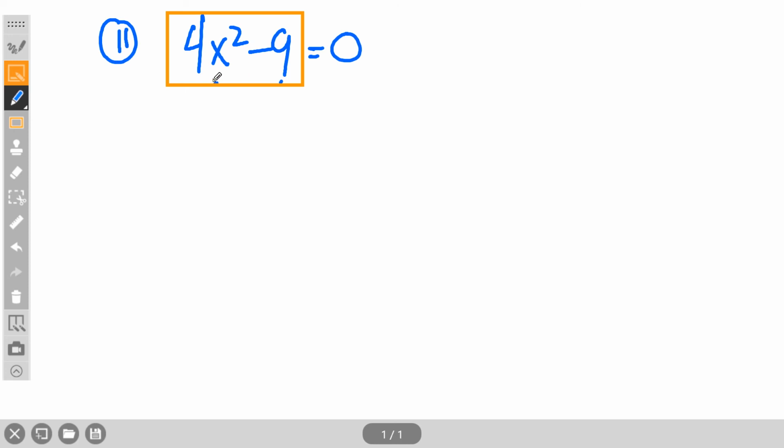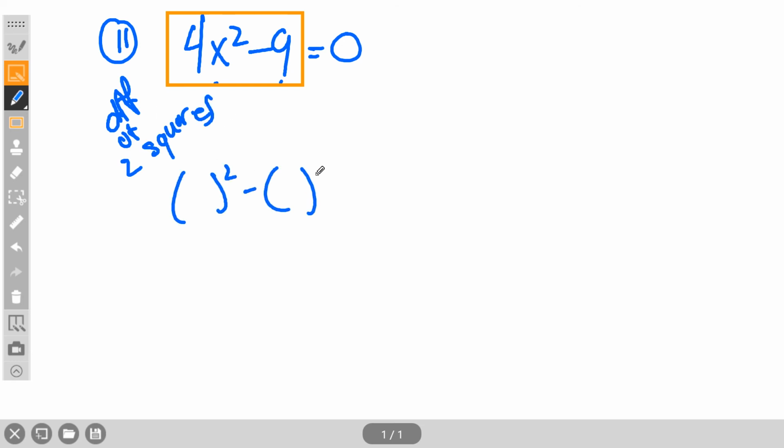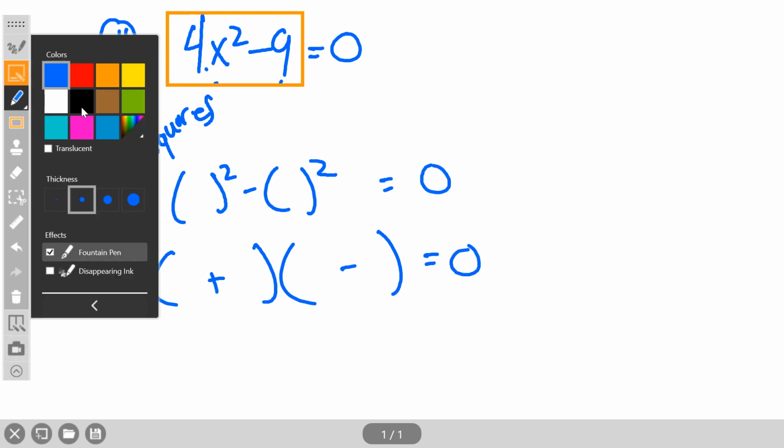This is a pattern I need to be able to recognize to factor, and this is a difference of 2 squares. So the way that we do a difference of 2 squares is by figuring out what each of the squares is, and then by creating the factors, which are the sum of the squares and the difference.